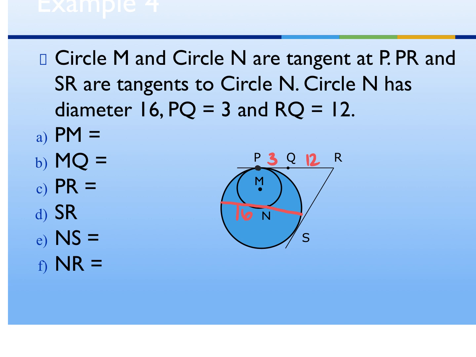So that would mean that the radius of N is how much? 8. Very good. So we know that it's 8 and 8.